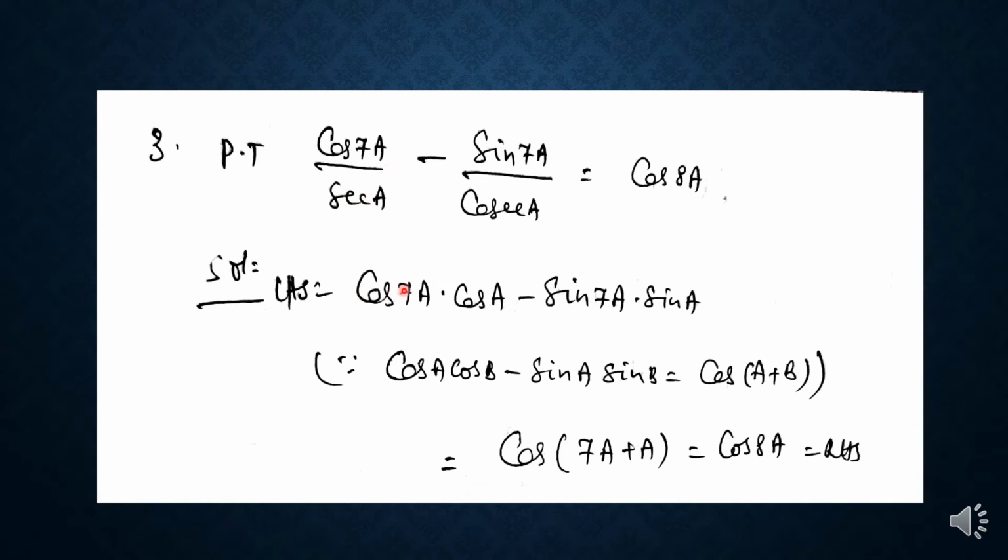That becomes cos 7A into cos A minus sin 7A into 1 by sin A, meaning sin 7A into sin A. Now this is in the form of cos A into cos B minus sin A into sin B, which is equal to cos of A plus B. So here A is equal to 7A and B is equal to A. This can be written as cos of 7A plus A, that is equal to cos 8A, which is RHS.